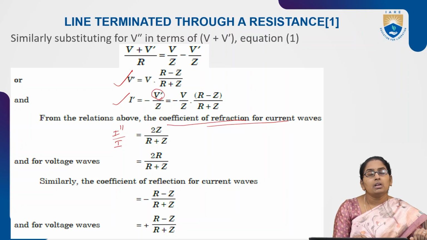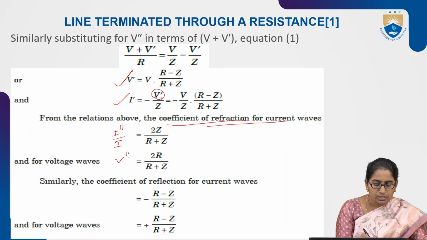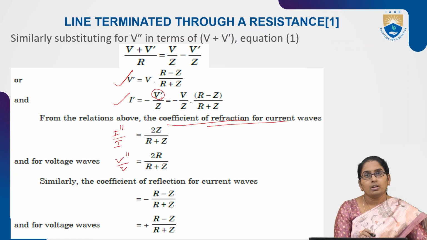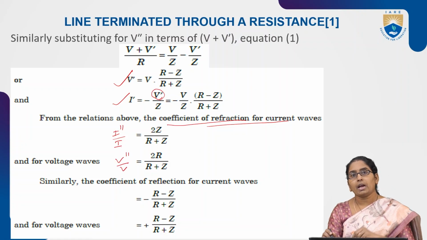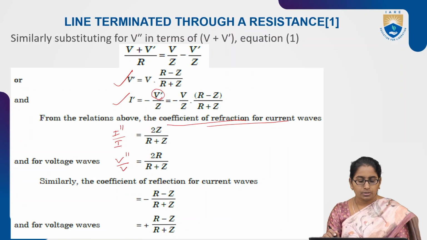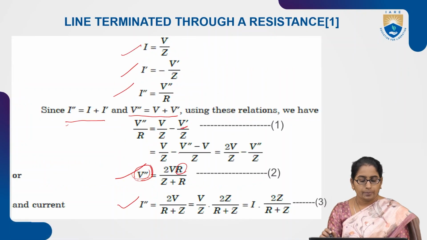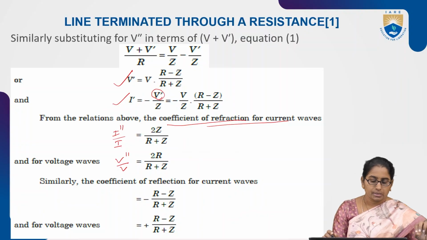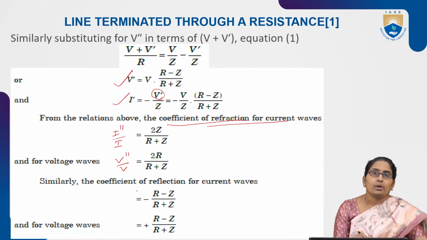Now similarly for the voltage, same thing already derived. That is V double dash by V, 2R by R plus Z.